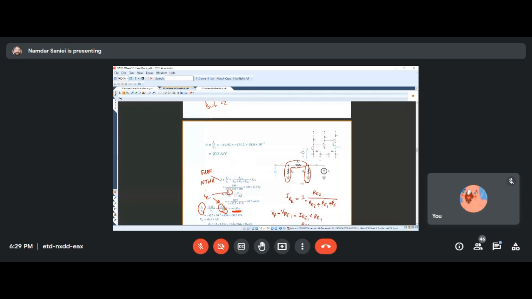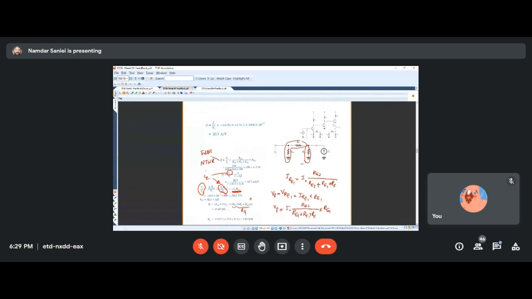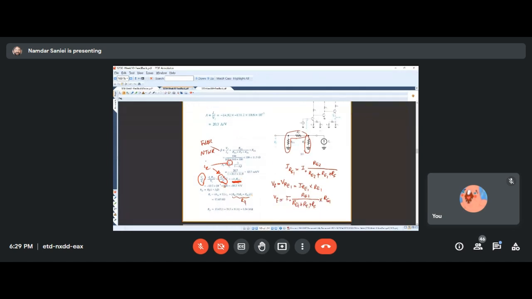So the transconductance gain that we found, if we multiplied by RC3 in the numerator, then that would give us VO. So basically the AF must be multiplied by RC3. So we found the voltage gain.